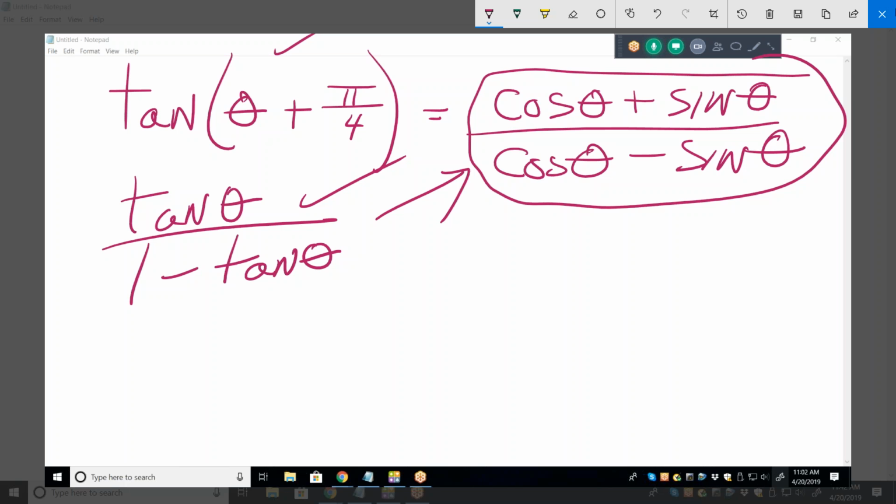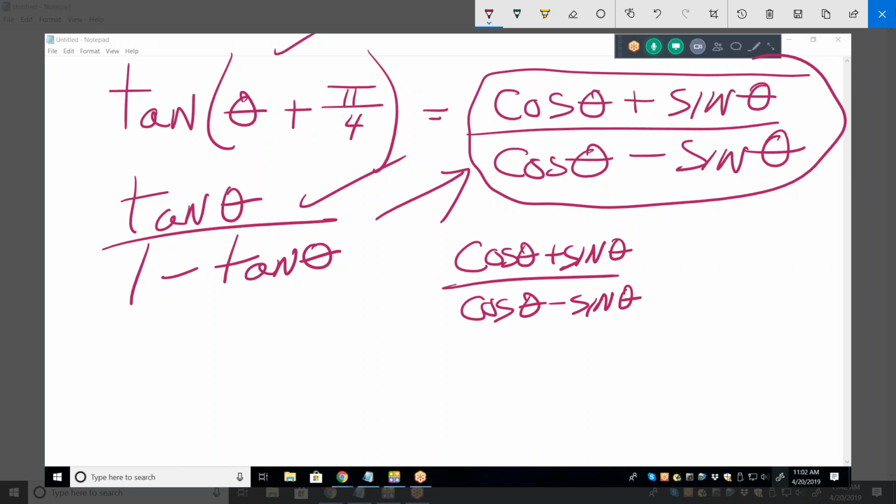But in this case, whenever you see cosine theta minus sine theta, we can't do much with these things, but remember I'm always allowed to multiply any fraction by the number 1. What if I multiply it by this? Hold on a second, I've got to think about this for a moment.